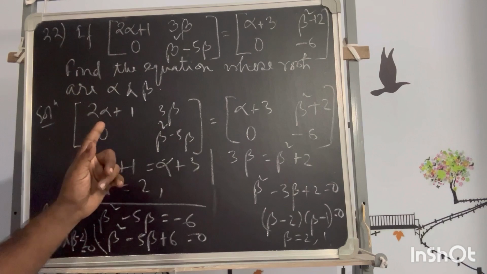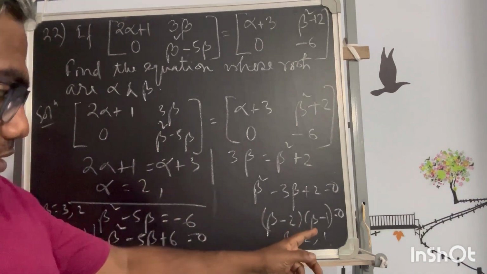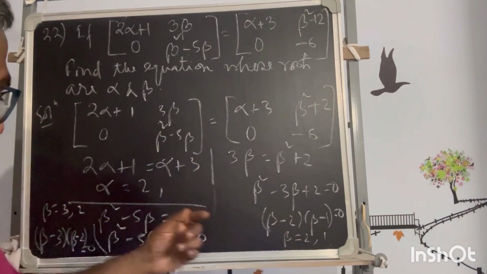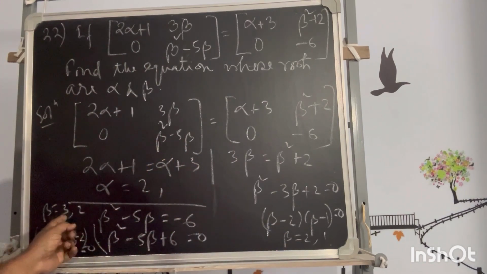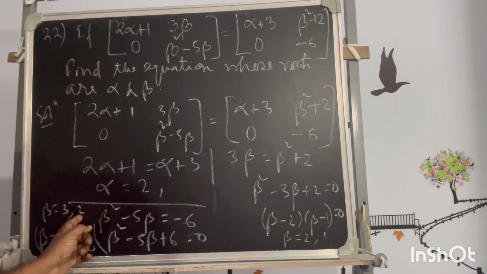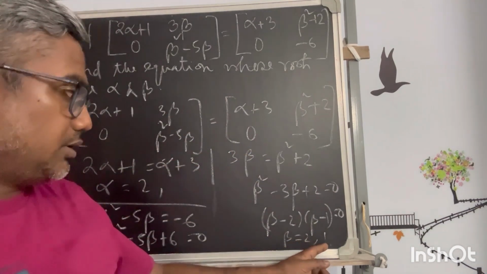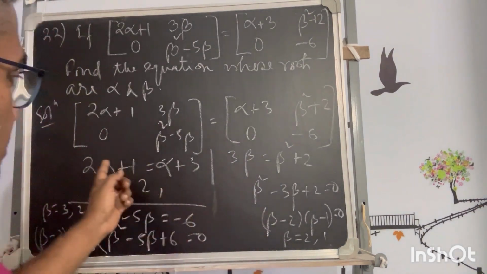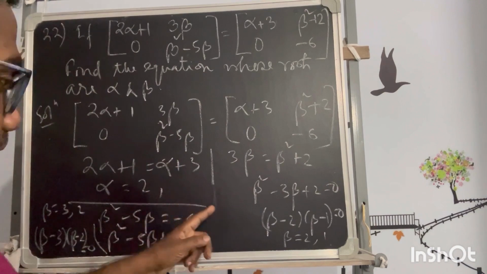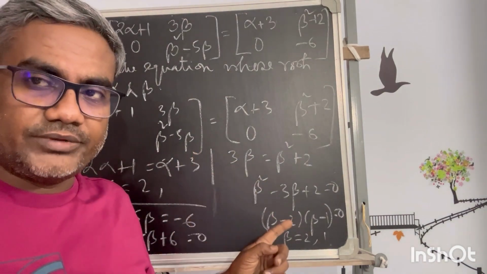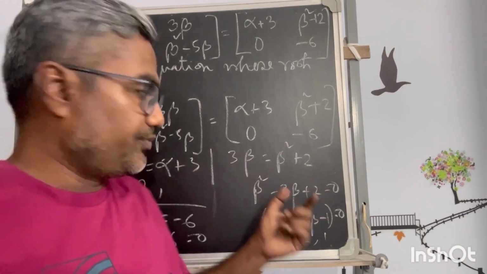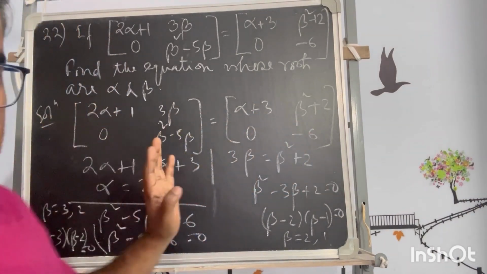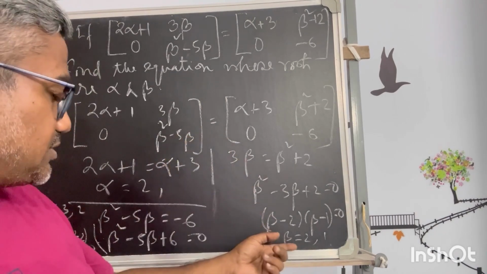So there should be one value which you will get common for all this, because if you take 3 you will get a different matrix, if you put 2 you will get a different matrix, if you put 1 you will get a different matrix. For which value of beta both the equations will be satisfied, we have to take that value, because initially I assumed that if you equalize either this or this you will get the same answer, but this time this is not happening.